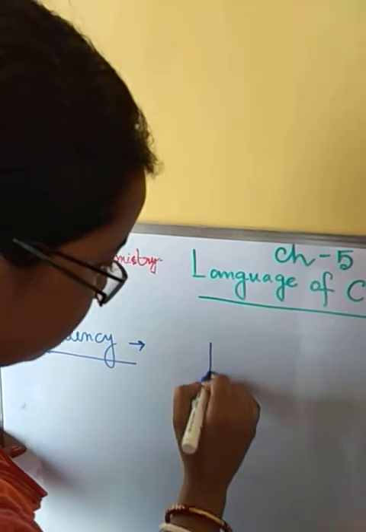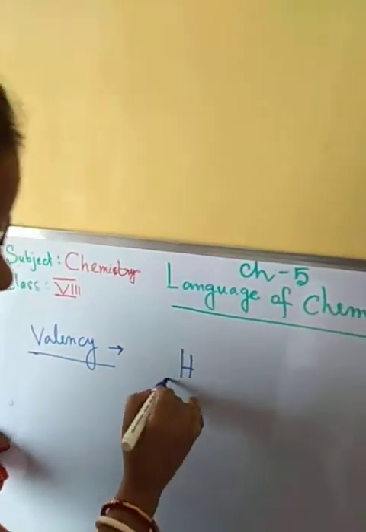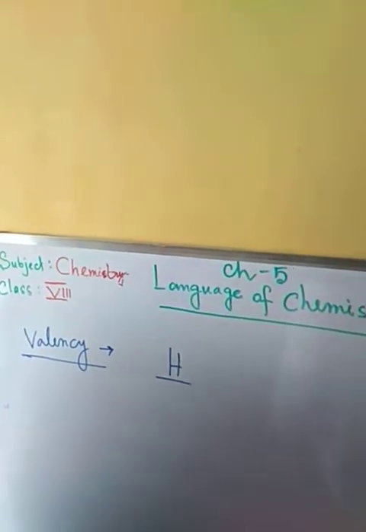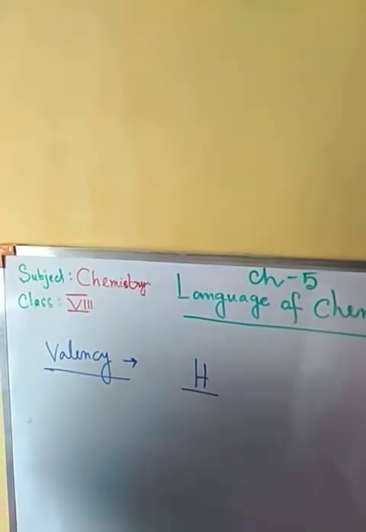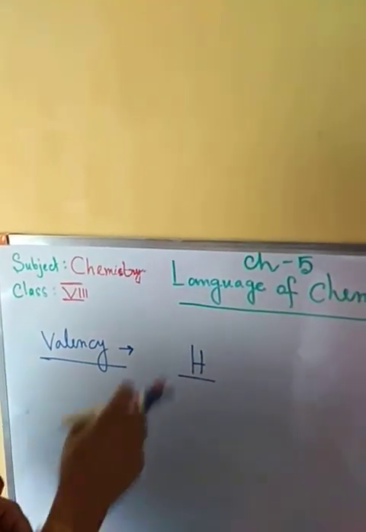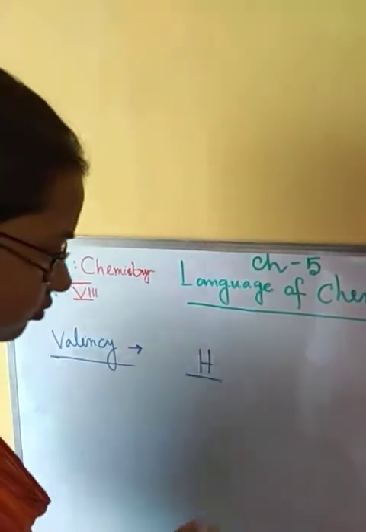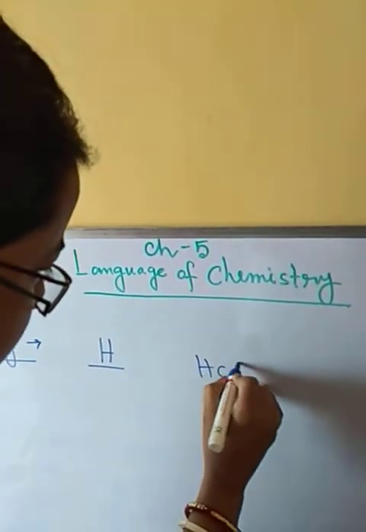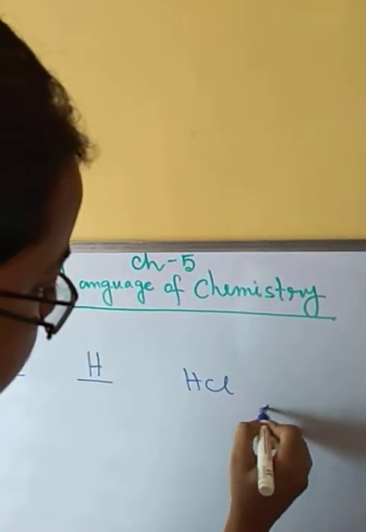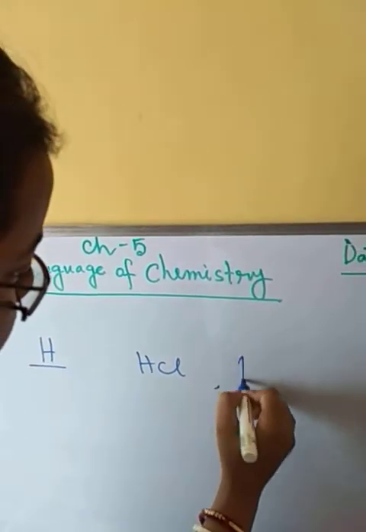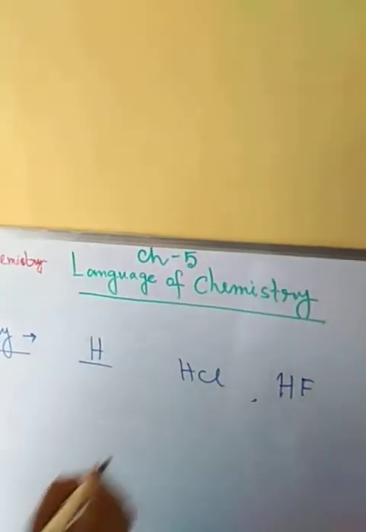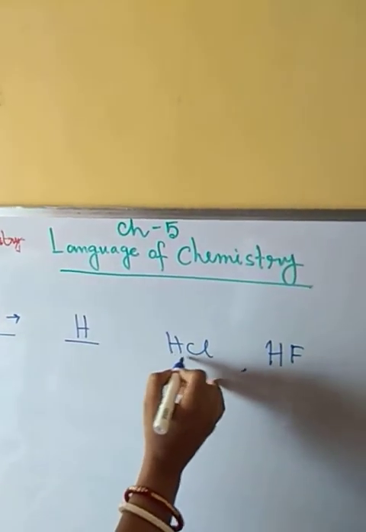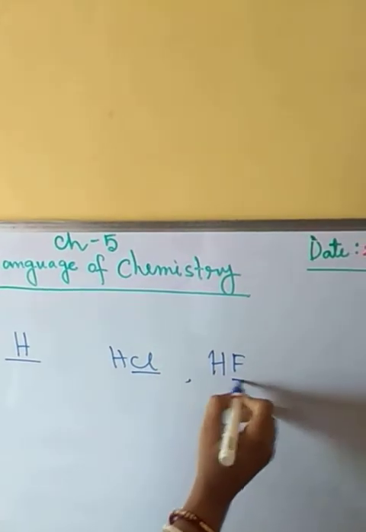Suppose for hydrogen, if we see the formula of the compounds where hydrogen is there, like HCl, or HF, hydrogen fluoride. So here one hydrogen is combining with one chlorine, like this.